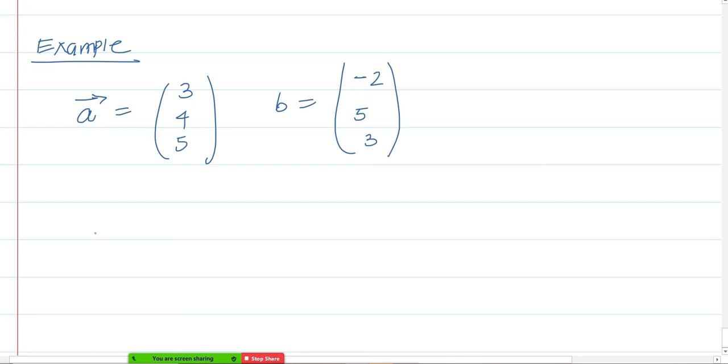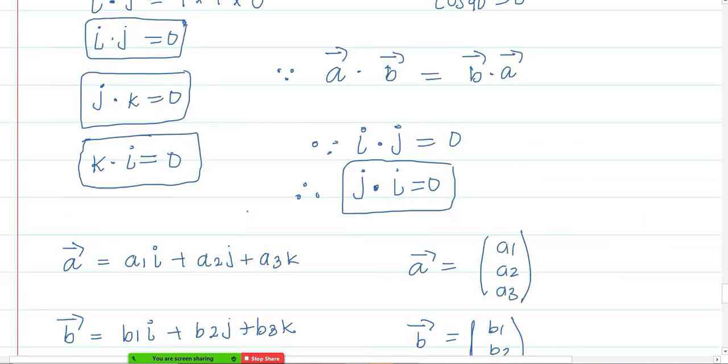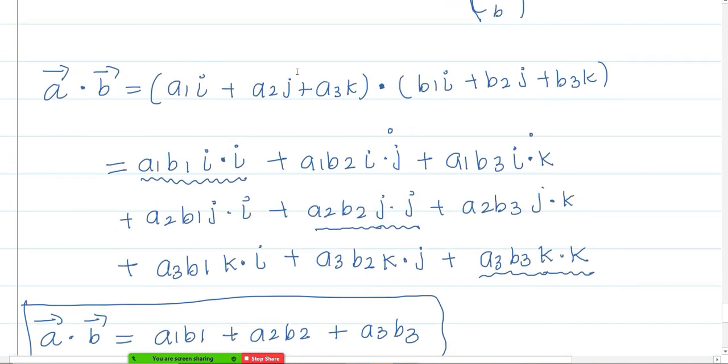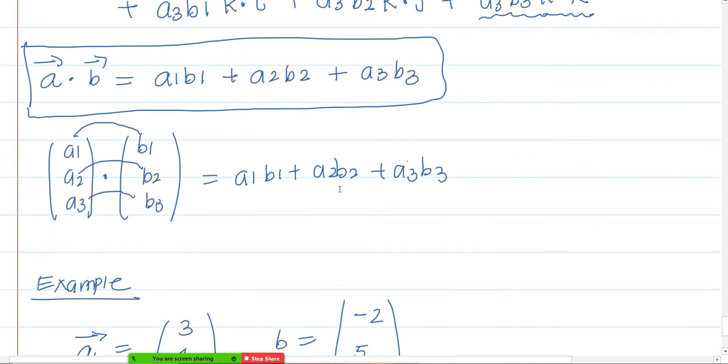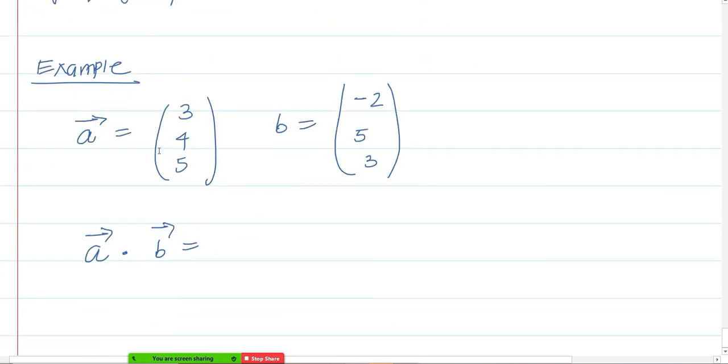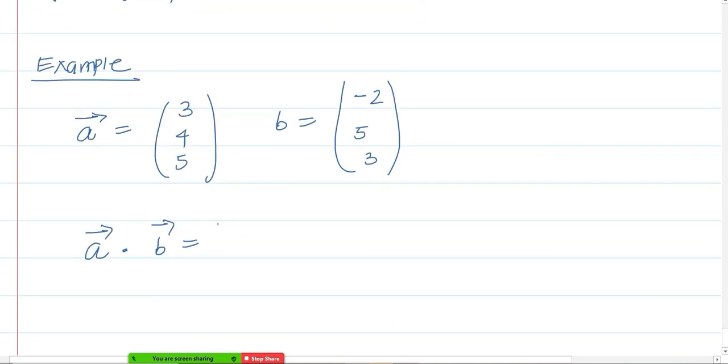You don't need to do any of this whole big multiplication we have done here. You don't need to perform anything, because the dot product will come at the end with only these three simple terms, which can be obtained by multiplying the respective terms, right? So here you write: A vector is 3, 4, 5 dot -2, 5 and 3.